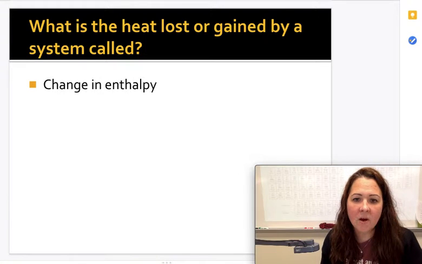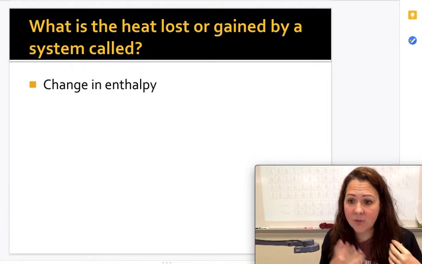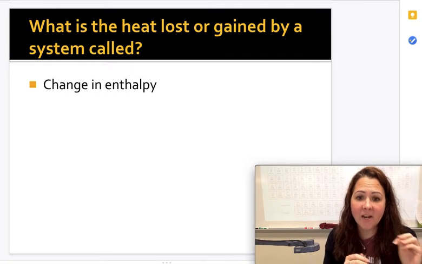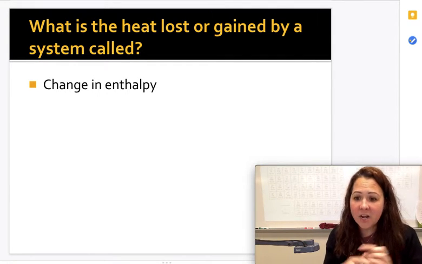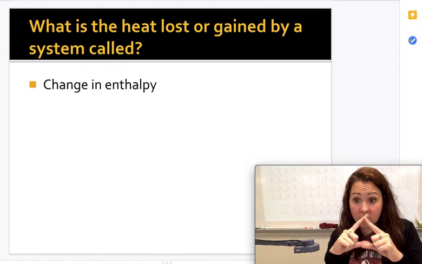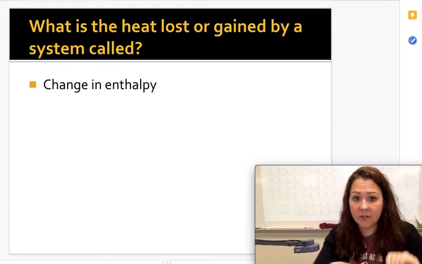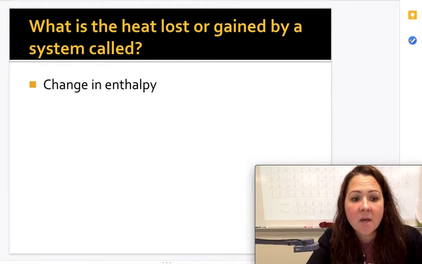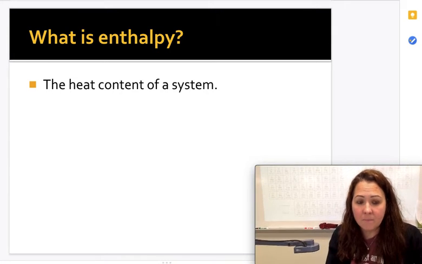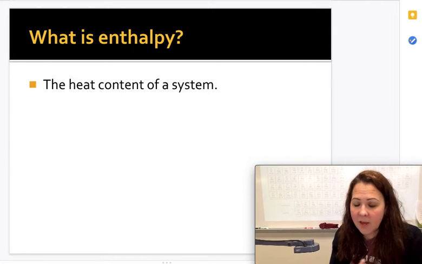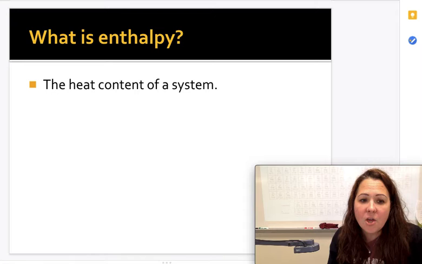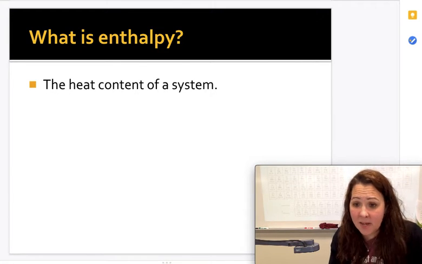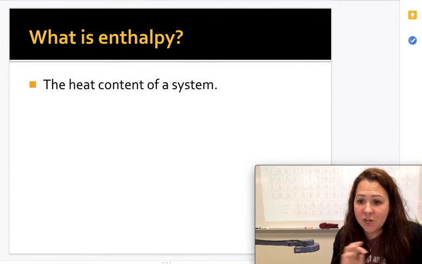So when we are studying the heat lost or the heat gained in a system, it's called the change in enthalpy. Change in, remember, is a triangle. That's what we had, delta T, earlier in this unit and last unit. So when we look at the change in enthalpy, the delta, you're going to have what's called a delta H. Delta H is change in heat.